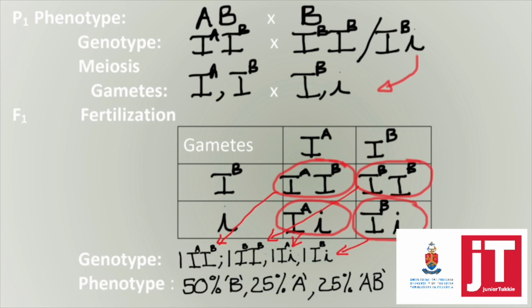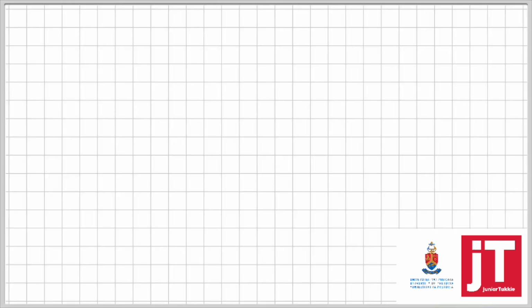There's a 50% chance that the offspring has blood group B, 25% chance blood group A, and 25% chance blood group AB. Nowhere do we see the phenotypic expression of blood group O. This means that the baby they were given at the hospital was most likely not their baby.